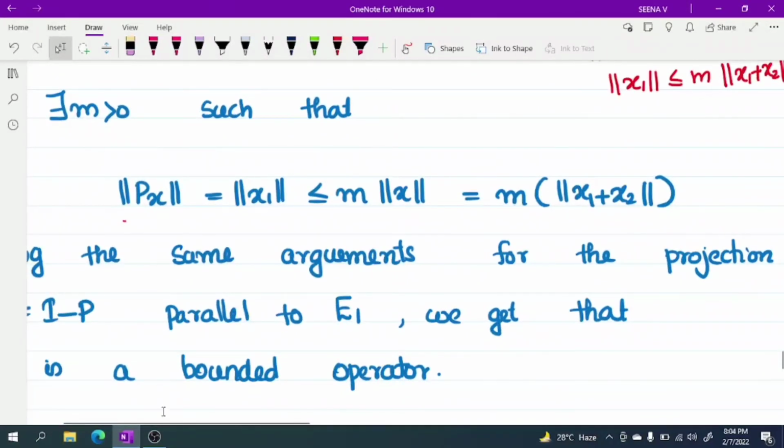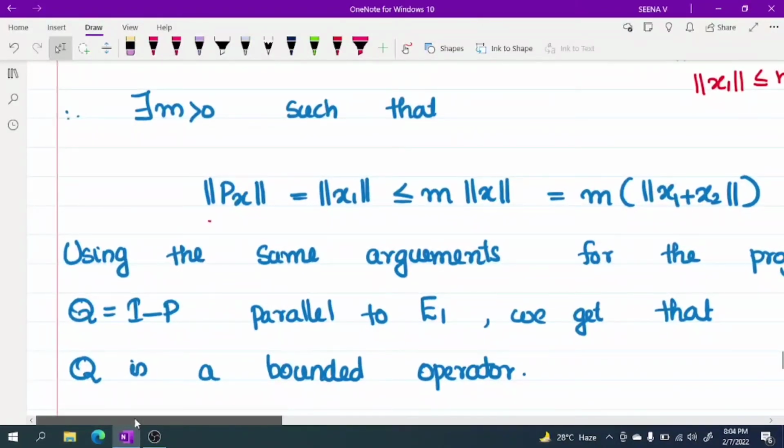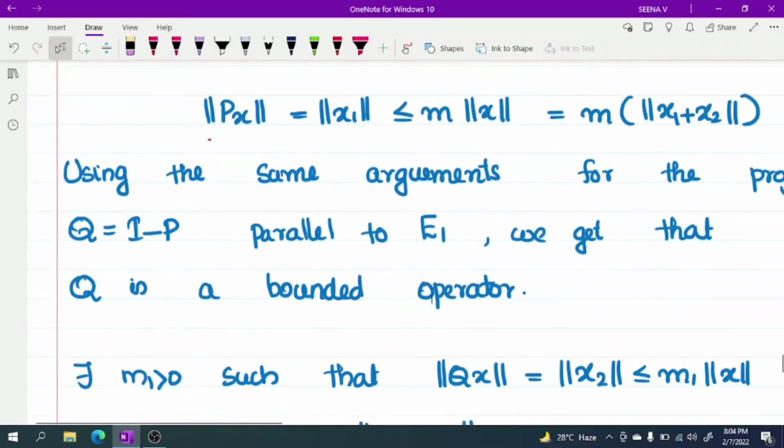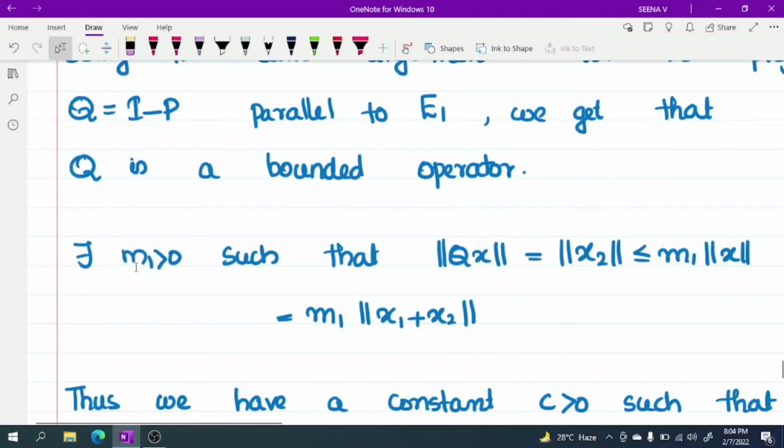Using the same argument, we can apply this result to I minus P. We know that Q equal to I minus P is a projection parallel to E1. And this implies, using the same argument, we get Q is a bounded operator. Therefore, there exists an M1 greater than 0 such that norm of Qx is less than or equal to M1 into norm of x.